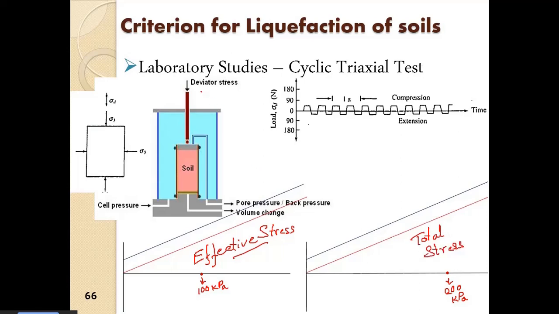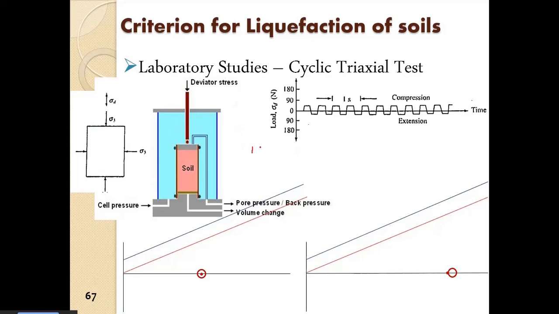Now as I start applying deviator stress from zero, and the load is increased, as soon as the load is given, what will happen? The Mohr circle will grow. So now suppose we have a deviator stress of 10 kPa.